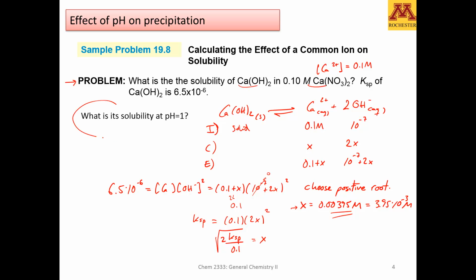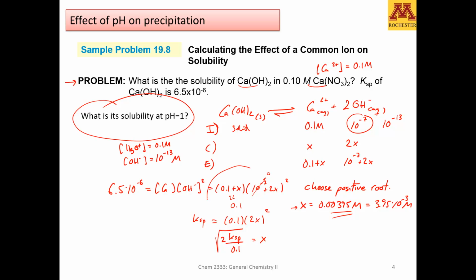However, notice that it's asking for the solubility at pH 1. What we can safely say here is that at pH 1, of course, the concentration of hydronium is 0.1 molar, which means by the autoionization of water, the concentration of hydroxide is 10 to the negative 13. So in here, instead of 10 to the negative 7, you would put 10 to the negative 13.